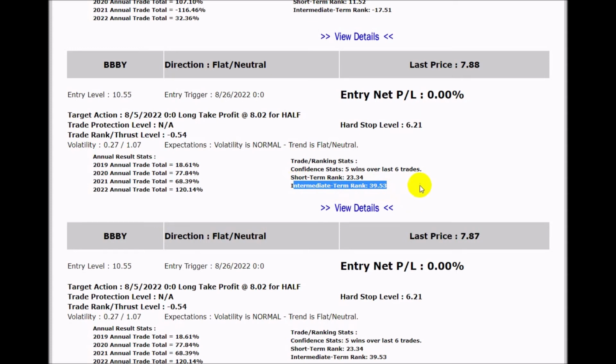Now the way I look at that, like I told you already, is I divide them by 10. I just moved the decimal point from 23.33 to 2.33, or from 39.53 to 3.953. I just moved the decimal point out. Think of it as 1/10 of my total capital being allocated to this.